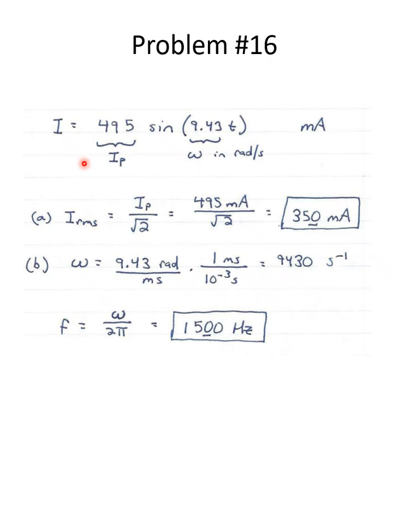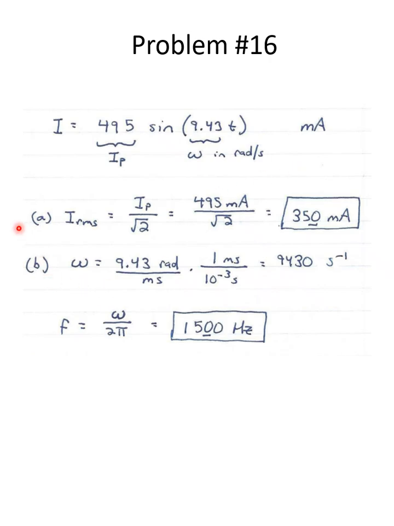All right, as we look at that equation, the coefficient in front of sine, that is the peak current, and the coefficient that is multiplied by t, that is omega. Now, usually, assuming we're in MKS units, which we're not, time is given in seconds, and so omega would be in radians per second. But because it says time is given in milliseconds, we have to understand that omega is given in radians per millisecond.